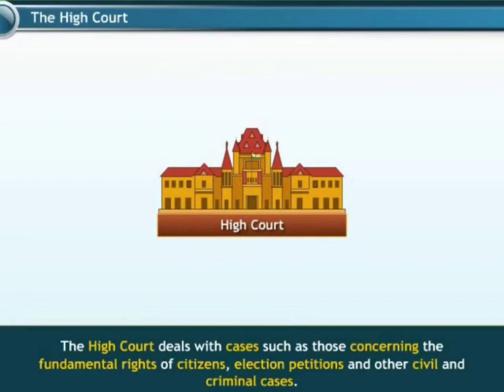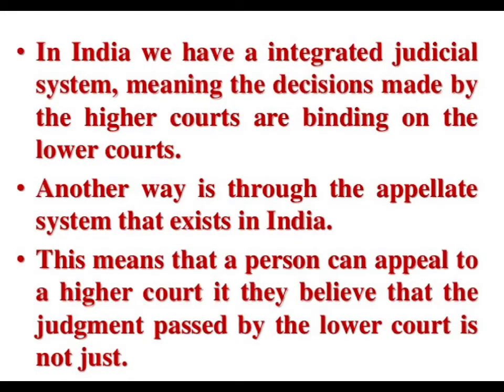Now, in India, we have an integrated judicial system, which means that decisions made by the high courts are binding on the lower court. अगर आपके पास हाई कोर्ट में कोई डिसीजन आया है तो वो लोअर कोर्ट से ही पहले आया होगा.